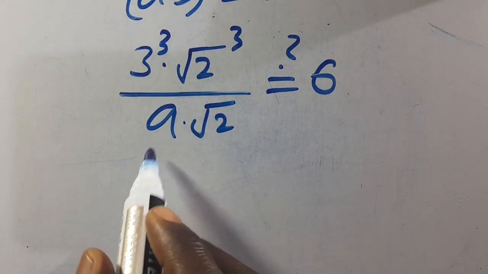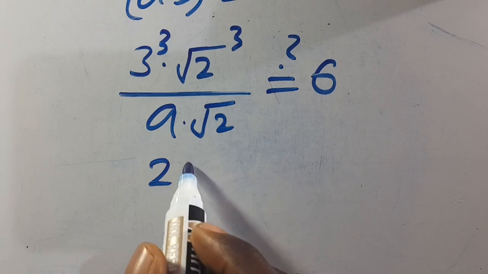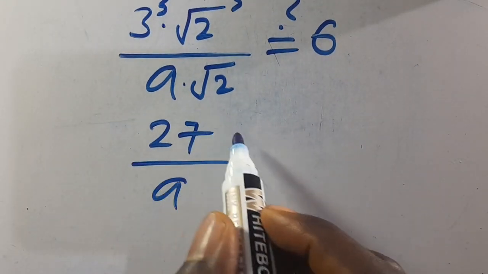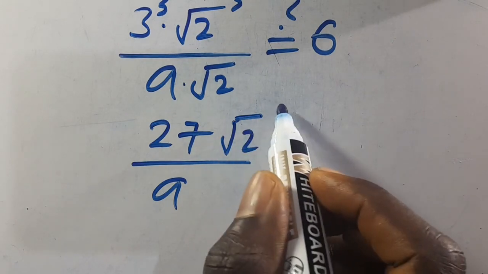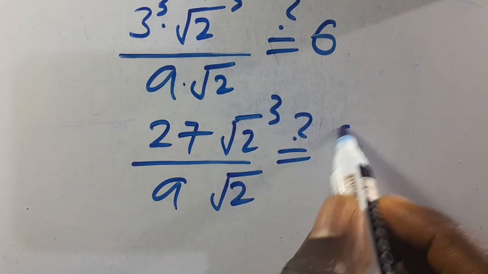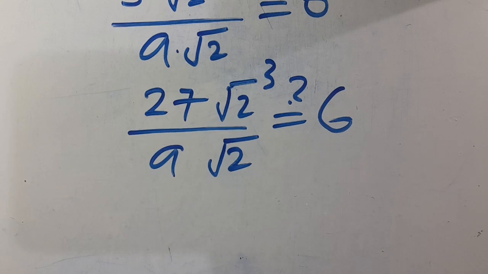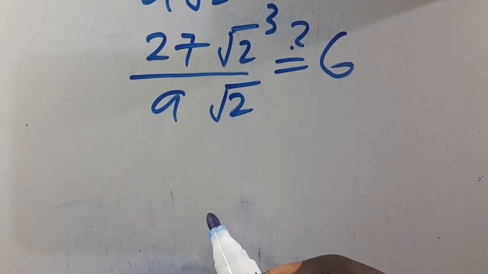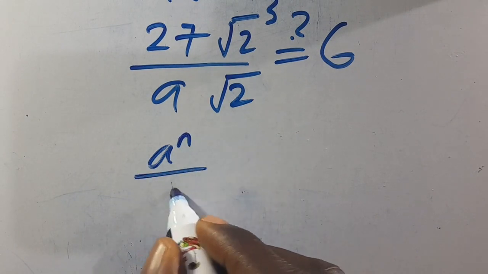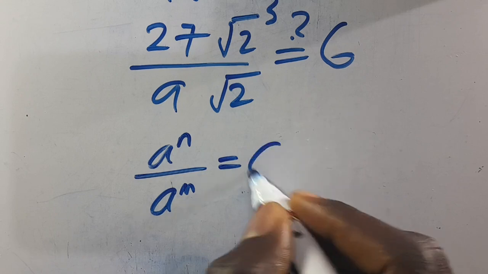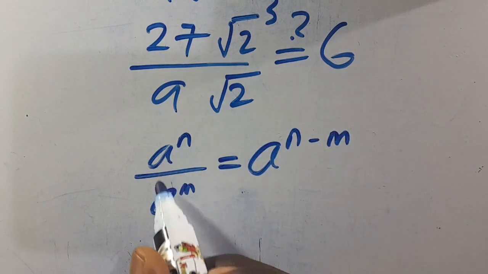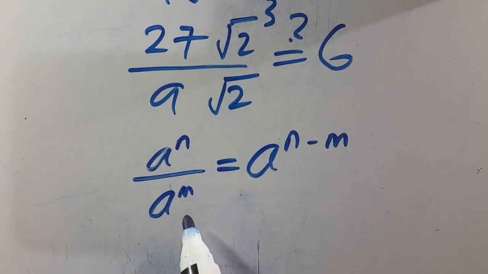So from here, 3 to the power of 3 will give us 27, divided by 9, and we have root 2 to the power of 3 divided by root 2. Then it's going to give us 6. So recall, when you have a to the power of n divided by a to the power of m equals a to the power of n minus m, when you have the same base, you can subtract the power.